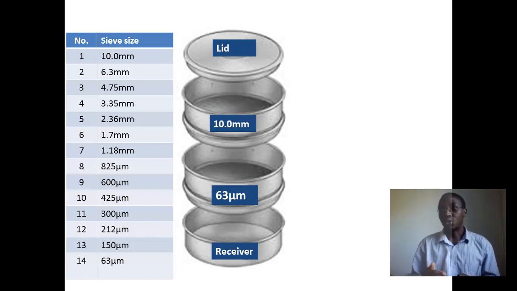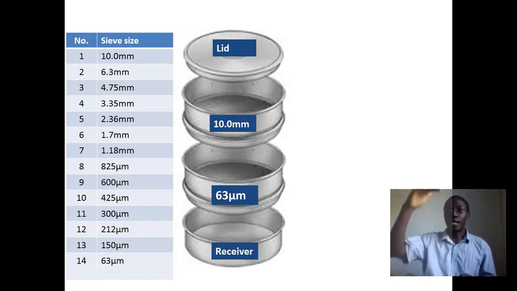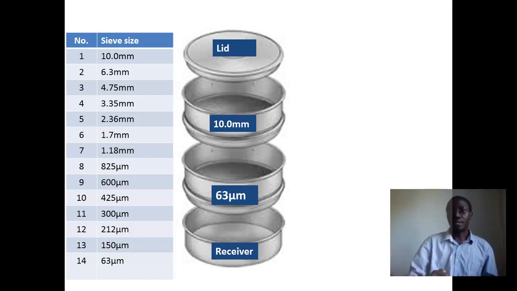That is to say, sieve 10 millimeter should be at the top most sieve, followed by a smaller sieve with smaller holes to the last. And at the bottom, as we see in the table, we have sieve 63 micrometer.